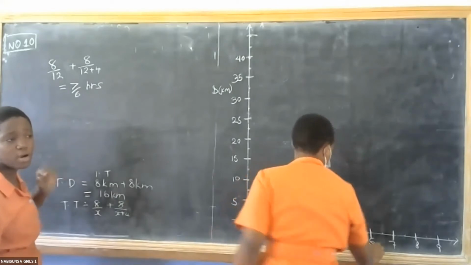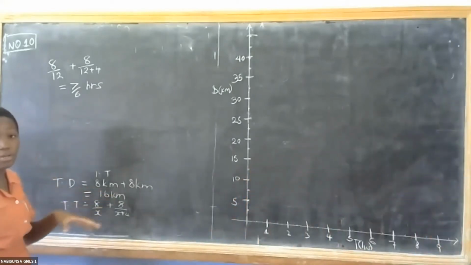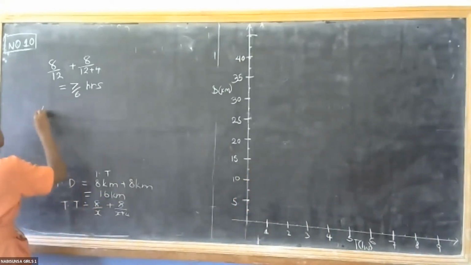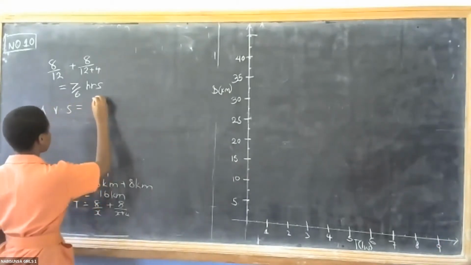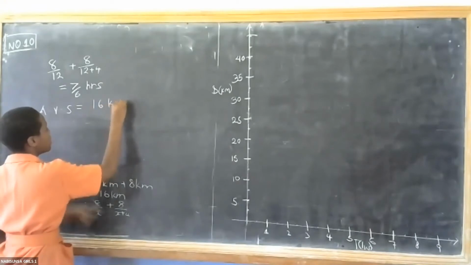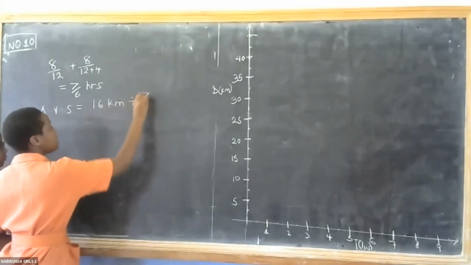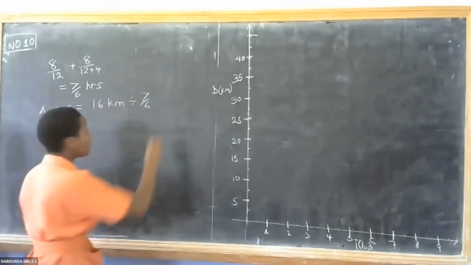So as I mentioned before, average speed will be total distance out of total time. So average speed will be 16 kilometers divided by 7 out of 6 hours.